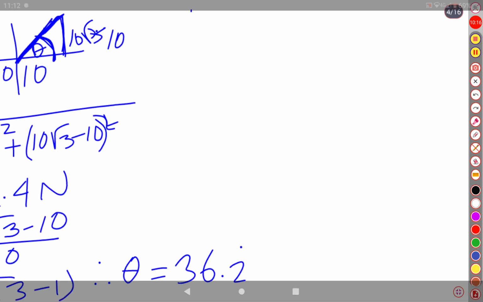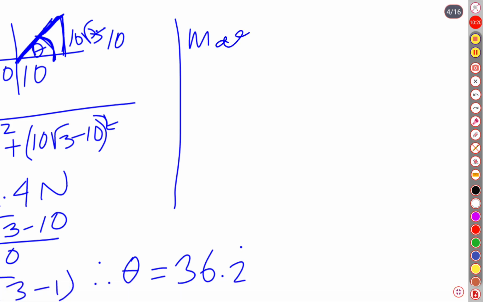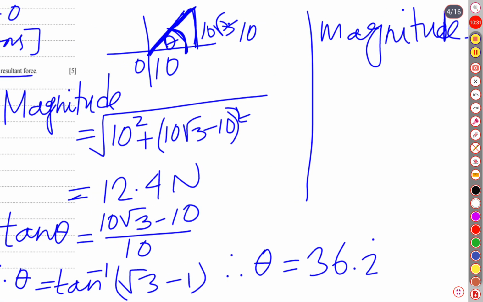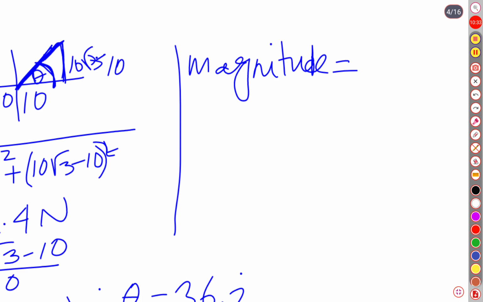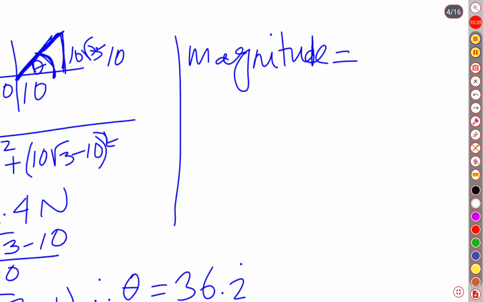You may write like this. The magnitude is equal to, how much is the magnitude we have got? It was, let us see, 12.4 Newton.